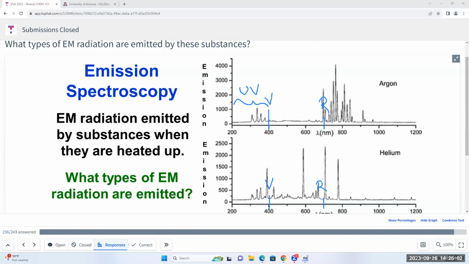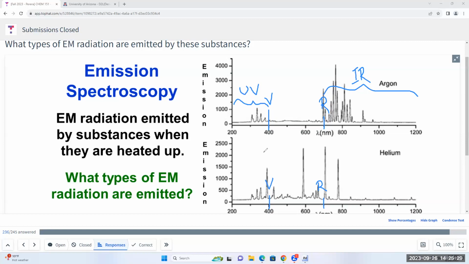And then also we have longer wavelength than 700 nanometers, so red. That means this region must be what? Anybody? Yeah, it should be infrared. So in argon, we don't have much activity in the visible region. We don't have much light emitted in the visible region, but in the UV and the IR, there's a lot of light emitted by argon.